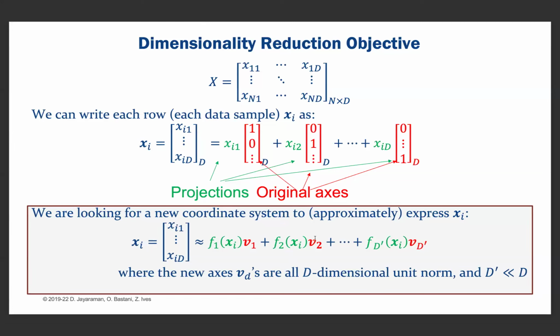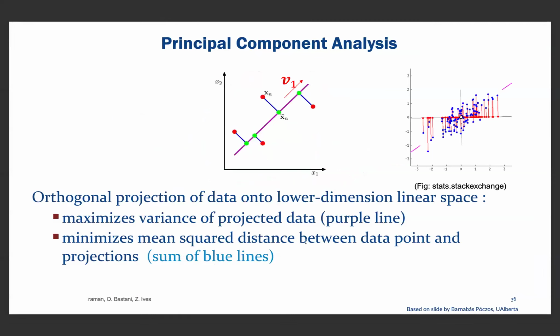Okay. So how can we go about looking for this new coordinate system which approximates our original data set? The first approach, and the only approach about which we are going to speak in a little bit of detail, is called principal component analysis. The idea is that we want to choose the axes along the directions which explain the most variance in the data.